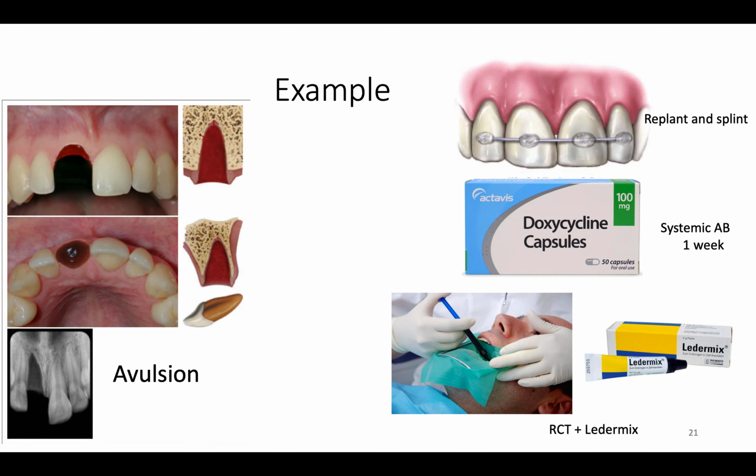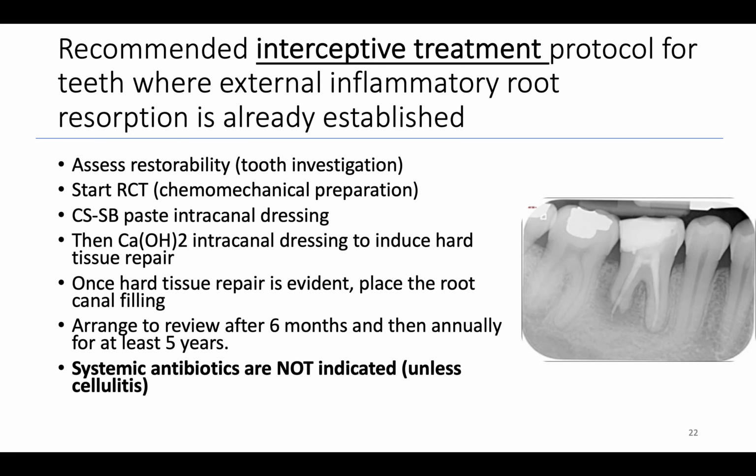Okay. So if you have a patient with avulsion, you replant and splint the tooth with a flexible splint immediately, and then you give the patient doxycycline coverage for 1 week. You start root canal treatment, you put a corticosteroid antibiotic-containing intracanal medicament, and then you complete the root canal treatment.